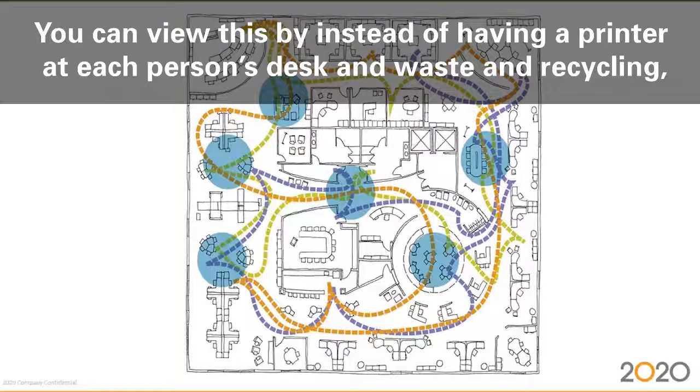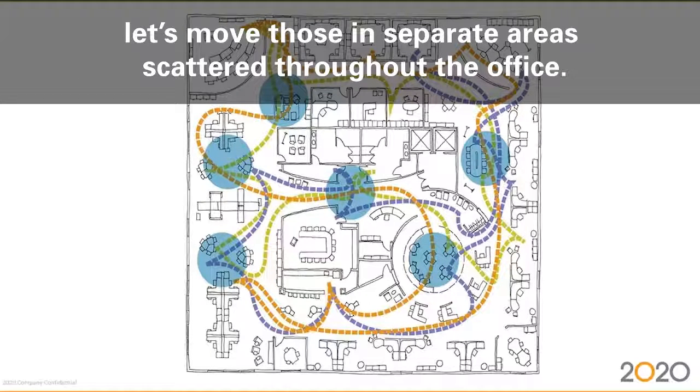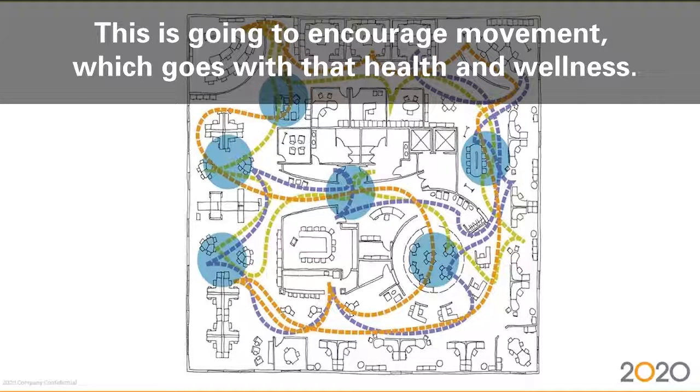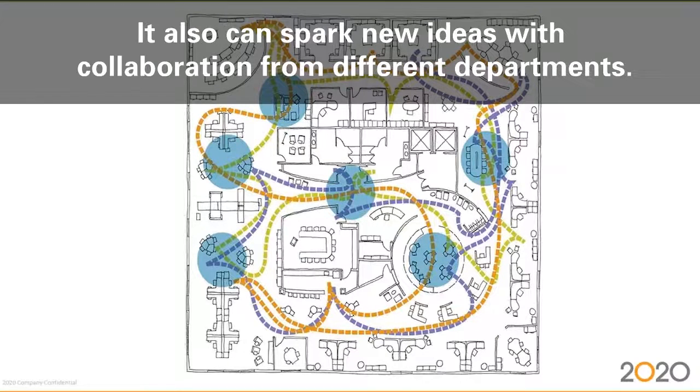So you can do this by, instead of having a printer at each person's desk and a waste and recycling, put a few of those in separate areas scattered throughout the office. This is going to encourage movement, which goes with that health and wellness, and then it also can spark new ideas with collaboration from different departments.